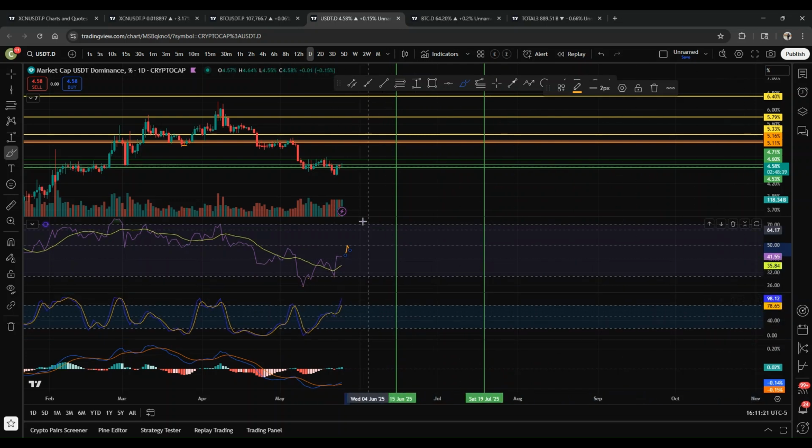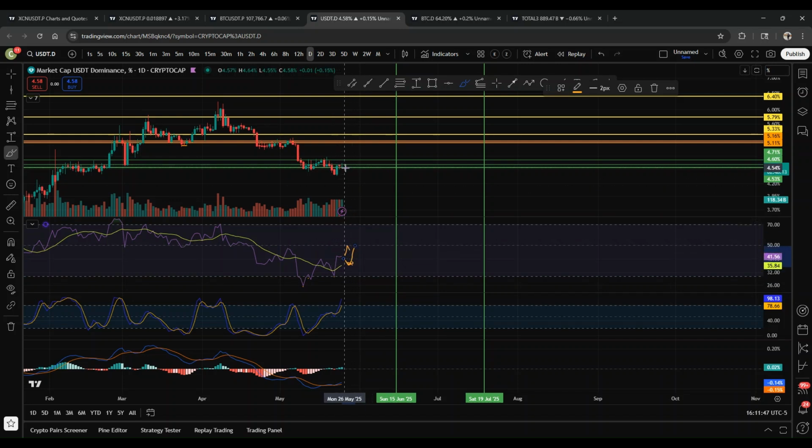You see this, why do I feel like it's gonna make another higher low right here? Stochastic RSI is at 98. Okay, so this is one thing which makes me think that we can get another higher low and then go back up.